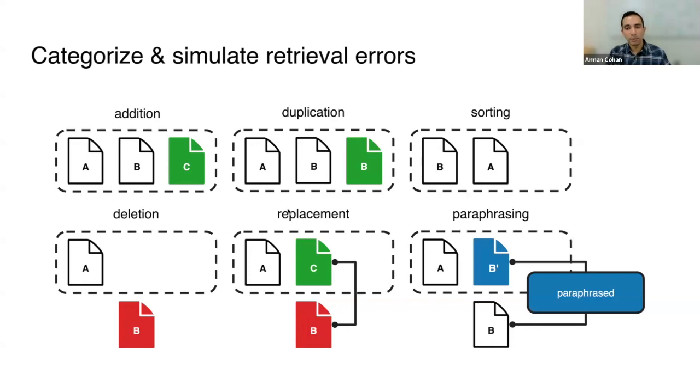Or you might duplicate some of the documents, or you might change the order of the documents, which is like having a different ranking. Or you might delete some documents that are important, or replace some documents, or paraphrase some documents. So these are typical types of retrieval errors that you would see.